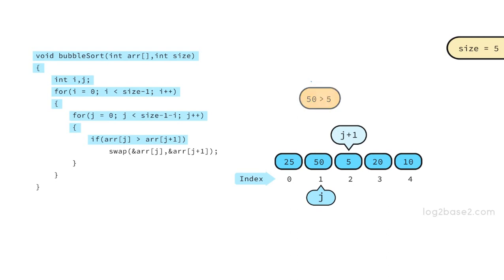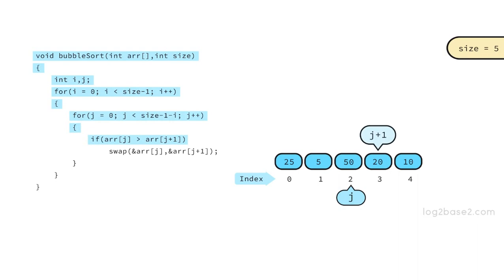So if is again true, so we have to swap. Now in the next iteration, j is equal to 2 and we have if arr[j] greater than arr[j+1]. That is we are comparing elements at index 2 and 3. And we have 50 greater than 20. So if is true, so we have to swap these two elements. So 50 and 20 are swapped.